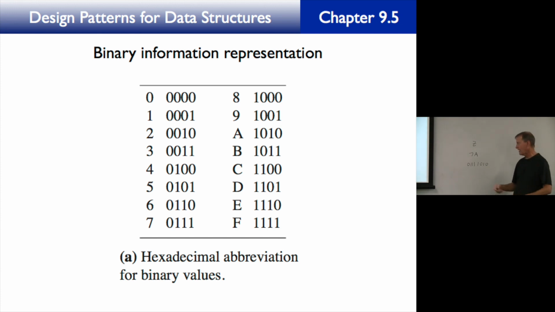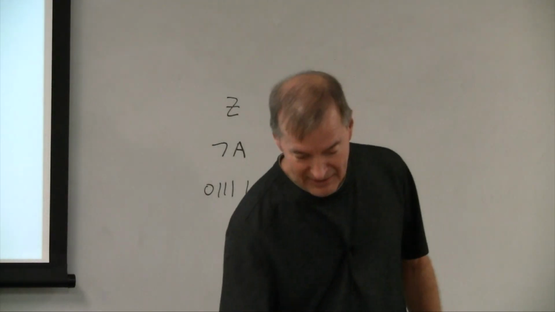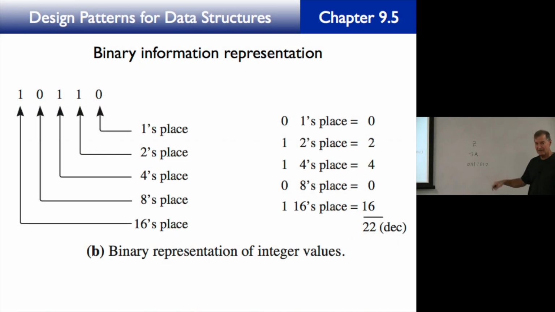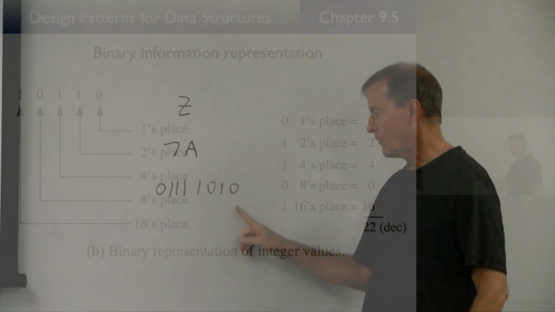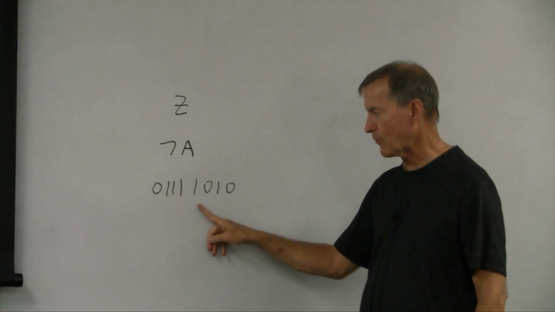And furthermore, this could be interpreted how? This could be interpreted as a number. It could be interpreted as an integer, like this in part B. And if this were interpreted as an integer, what integer would it be? Well, this would be the zeros place, this would be the ones, this would be the twos, this would be the fours.